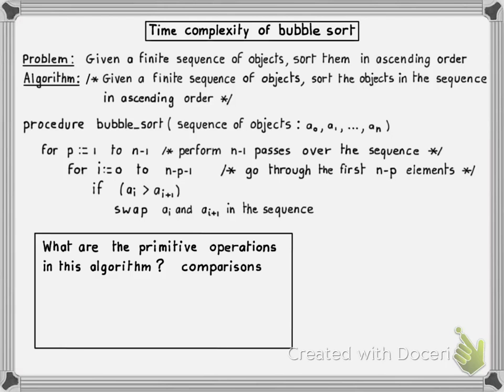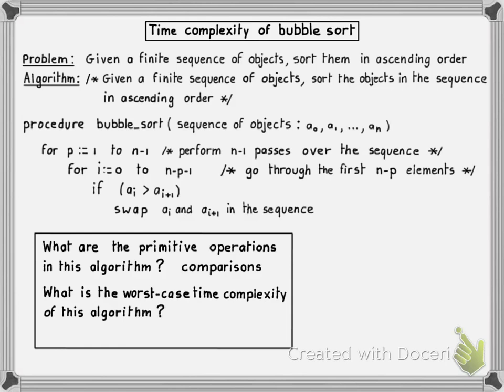Now, the next step is to determine the time complexity of the algorithm by counting the number of comparisons that it executes for a given input of size n. As usual, let f of n denote the time complexity of the algorithm for an input of size n. So f of n denotes the total number of comparisons executed by the algorithm.